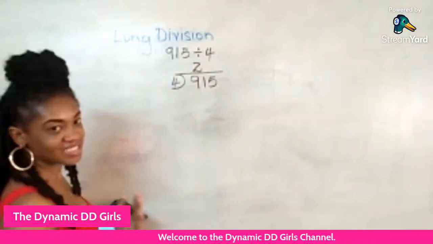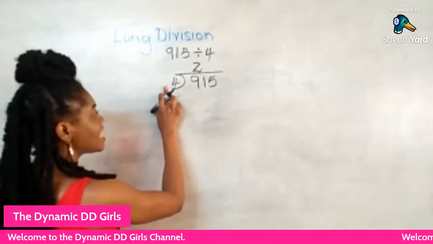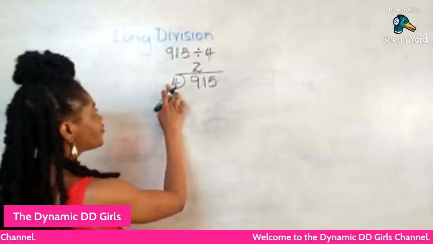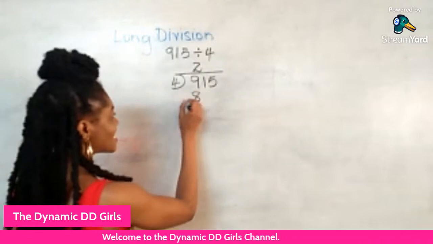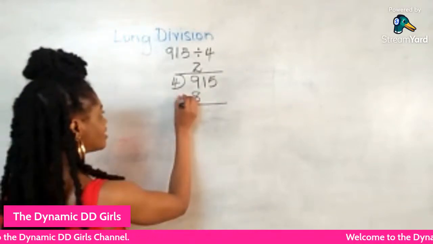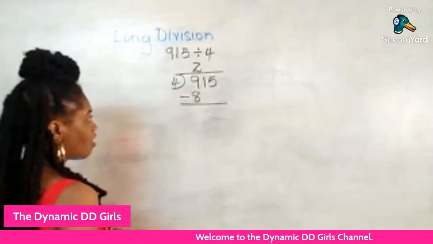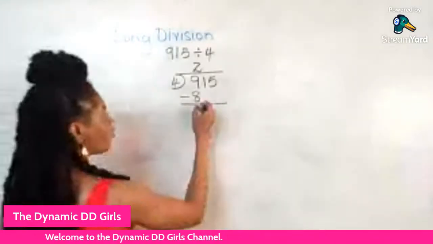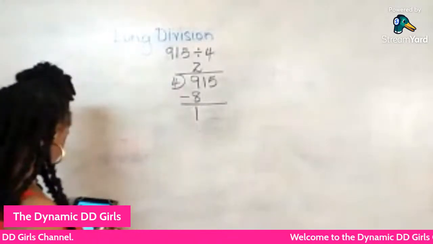We just divide, and now we are going to multiply. 4 multiplied by 2 is 8. You draw your line and you take away. So you have 9 things, taking away 8, and you have 1 left.